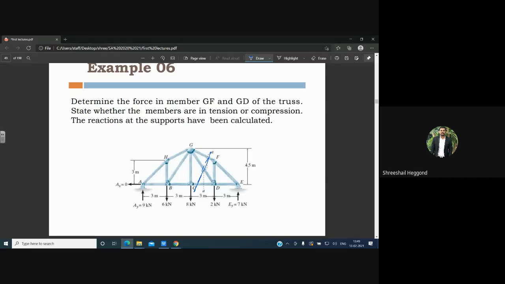Draw the free body diagram for the right hand side or left hand side of the structure, and apply the moment at particular sections, that is summation of moment about E point is equal to 0, and find out the inclined member reactions with different loading conditions.